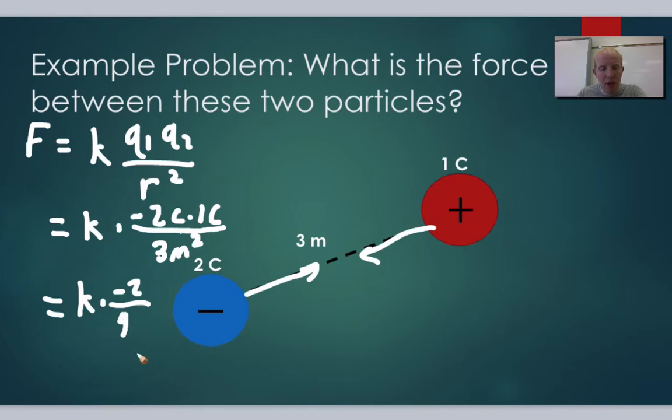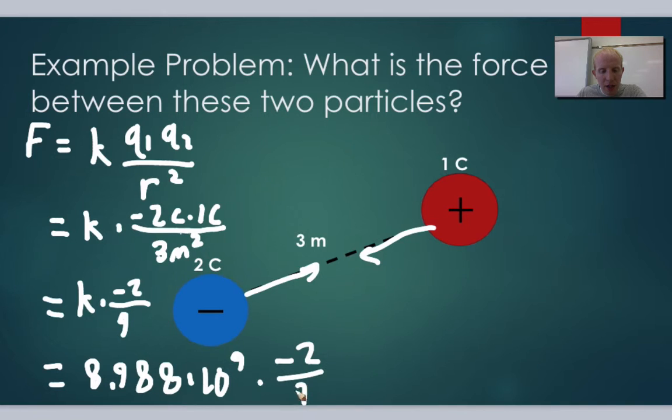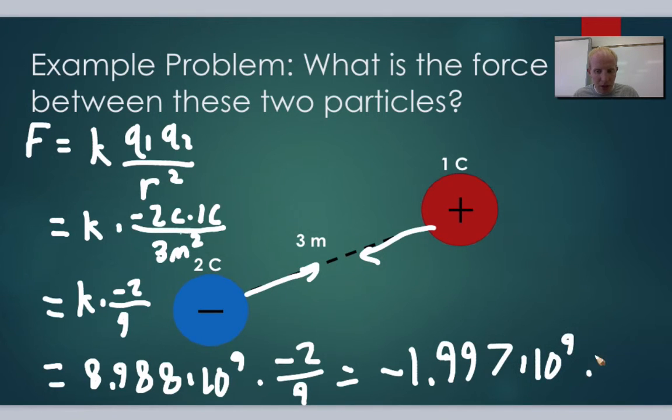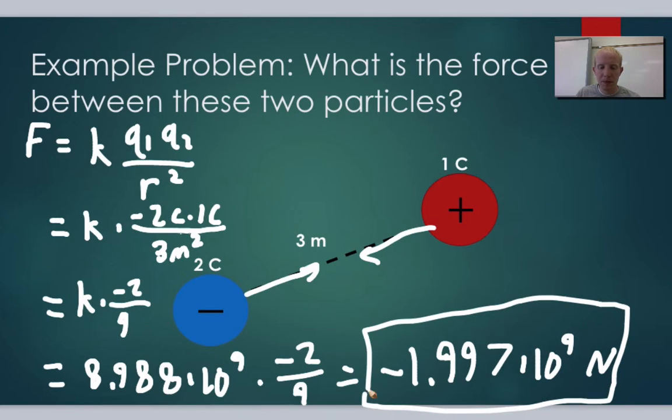Now we can plug in K, so that's 8.988 times 10 to the 9th times negative 2 over 9. Again, I'm ignoring units for right now because we already showed that they cancel out, so we'll end up with newtons. When we put that in, that is equal to negative 1.997 times 10 to the 9th newtons. And there you go, that's the force on the two charges.